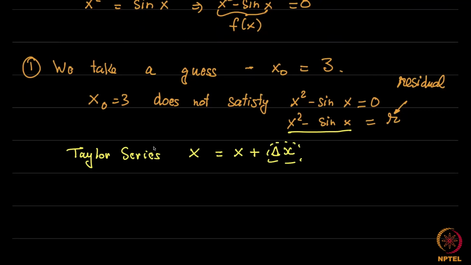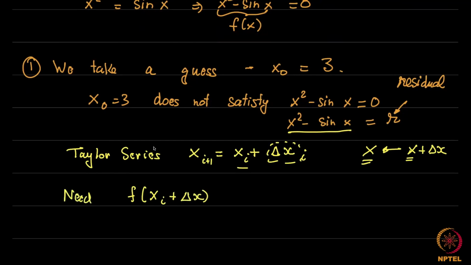So let this new x be, if you wish, you can call this x_{i+1} is x_i plus delta x_i. But I am generally going to use the computer science notation, or the programming notation, that x plus delta x goes to x. It should be understood that this is the next iteration, and this is the previous iteration. Now, what I want is that even though at x_i it's not 0, I would like that f of x_i plus delta x_i should be 0.